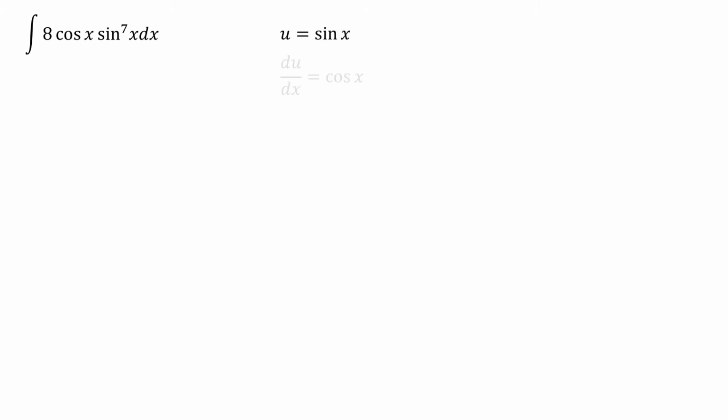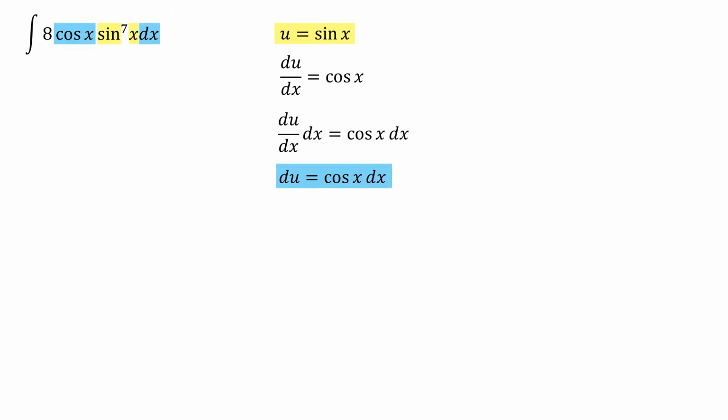If I take the derivative of sine of x, I get cosine of x. So it looks like du will be cosine of x dx. So sine of x is my U. Notice that the 7 is not included with that, right? That will become U to the 7th power. The cosine x dx will be my du.